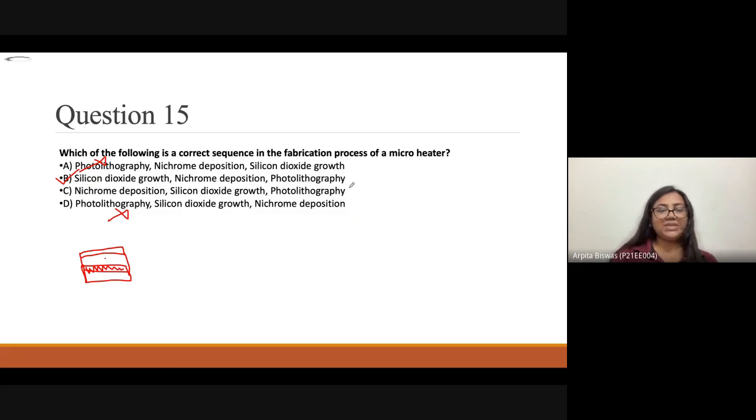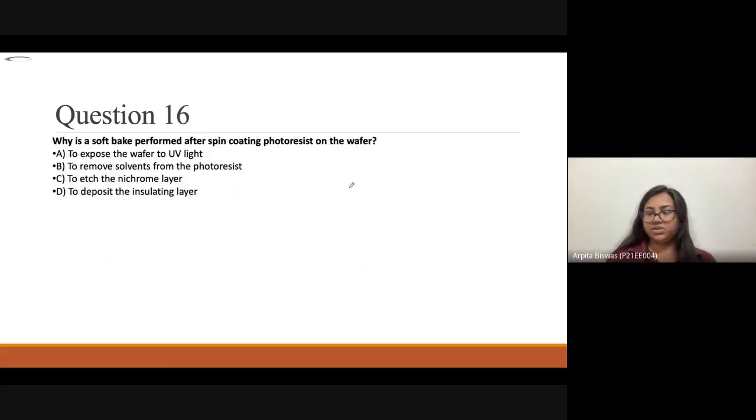Okay, so next we move toward question number 16. Why is the soft bake performed after spin coating photoresist on a wafer? The first option is to expose the wafer to UV light. The second option is to remove the solvent from the photoresist. The third option is to etch the nichrome layer. And the fourth option is to deposit the insulating layer.